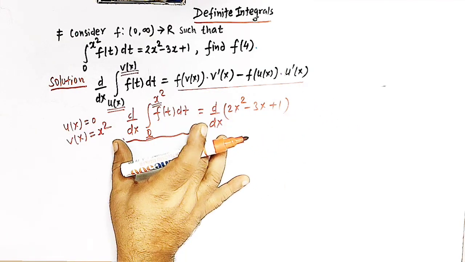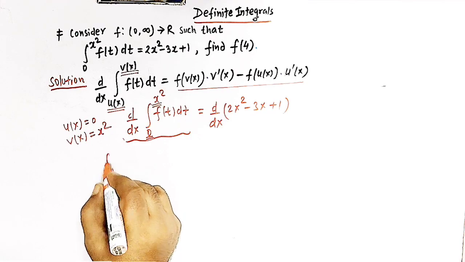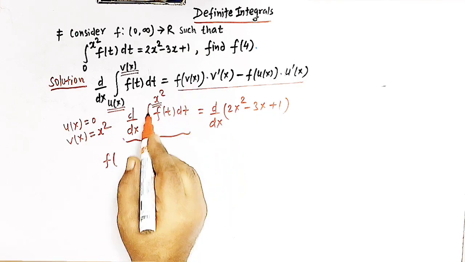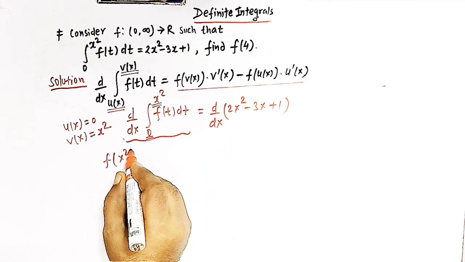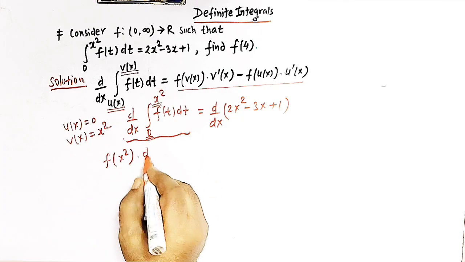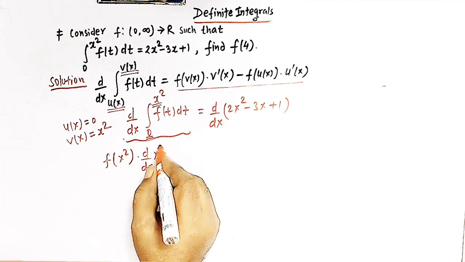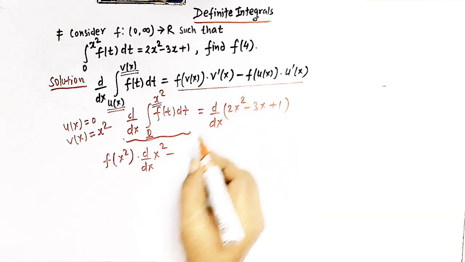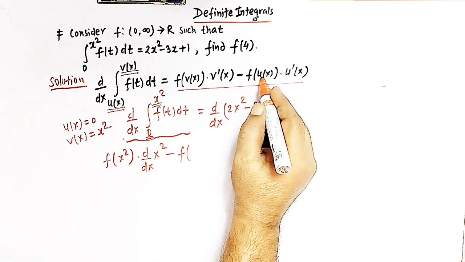So this side is now equal to f of v of x. V of x is x square, and then the derivative of v of x, that is d by dx of x square, minus here we have f of u of x.